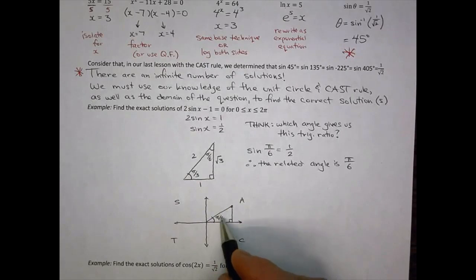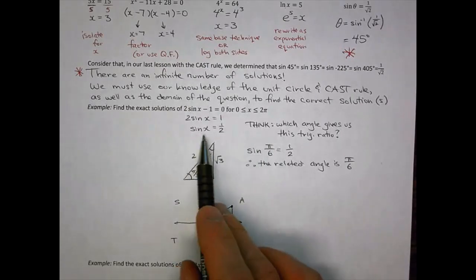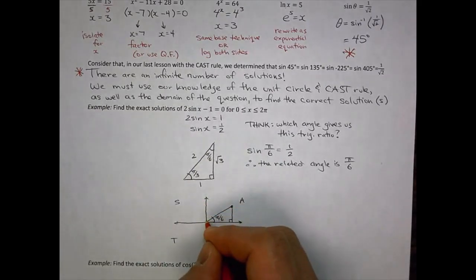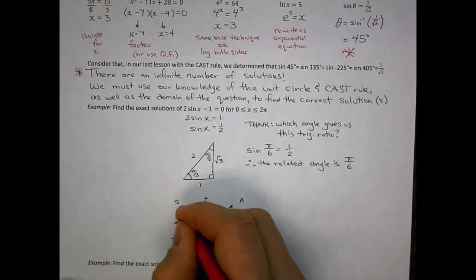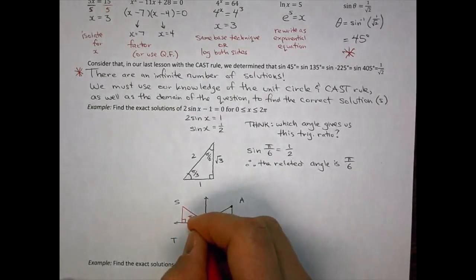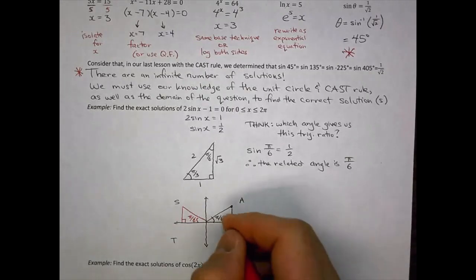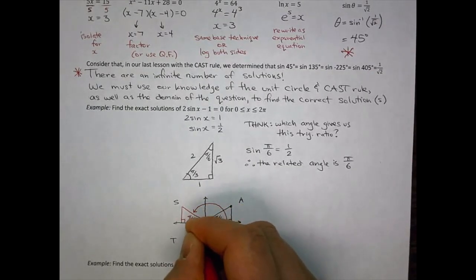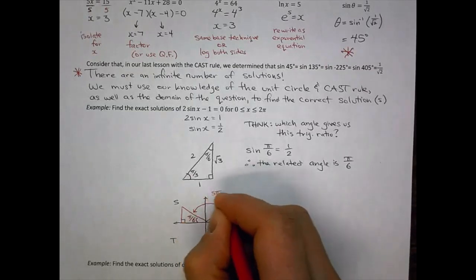So there's pi by 6, that's an easy one. Where else is sine positive? Oh, sine's positive in this quadrant. So I would have the exact same acute angle, acute friend, right here, which is pi by 6. Now I just need to figure out what the angle is that gives me that. Well, to get this to be pi by 6, this is 6 pi by 6, so this has to be 5 pi by 6.